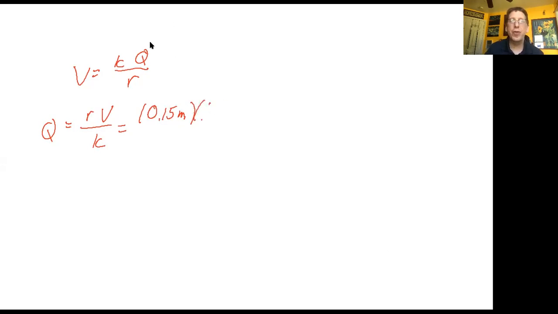Which means that if you go from an infinite distance to 15 centimeters away, you've gone through a potential difference of positive 185 volts. So the sign matters. And you're dividing by K. And to two significant figures, we can write K as 9.0 times 10 to the 9 newton meters squared per coulomb squared.